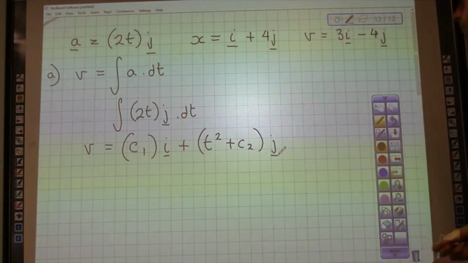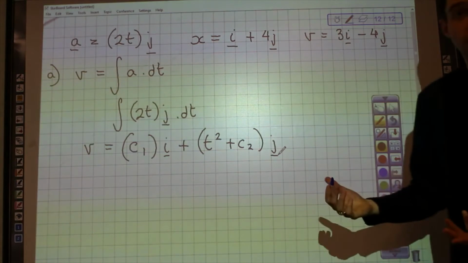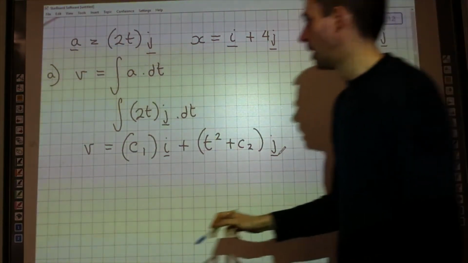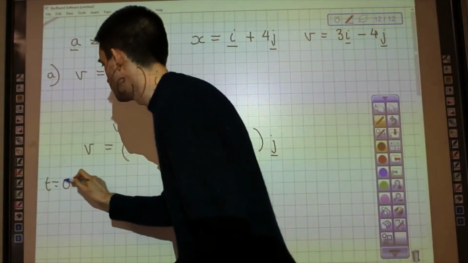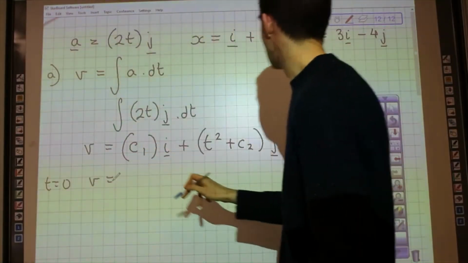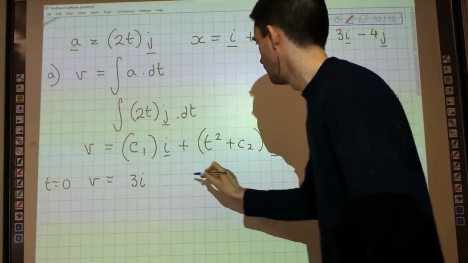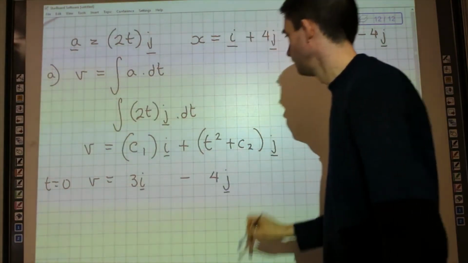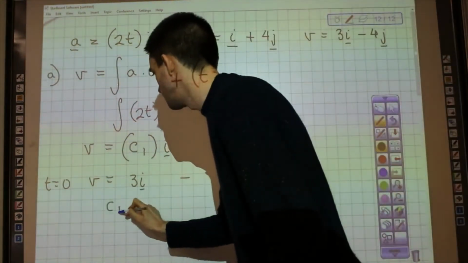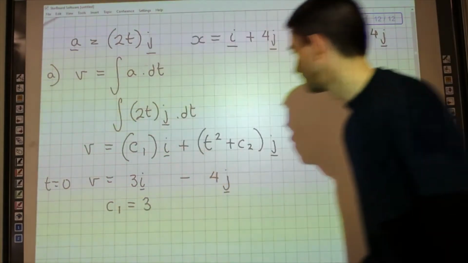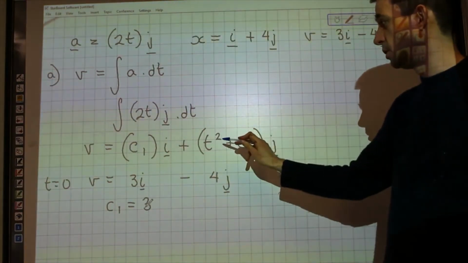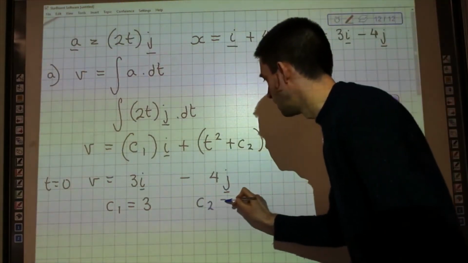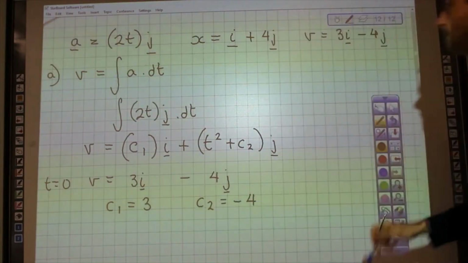We're told at time 0 the velocity is 3i minus 4j, so we can substitute that information in. When t is 0, v equals 3i minus 4j, which means looking at the i components that c1 equals 3, and when you substitute in 0 to t squared you get 0, so c2 equals negative 4.